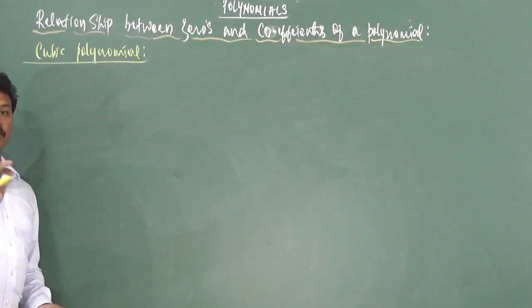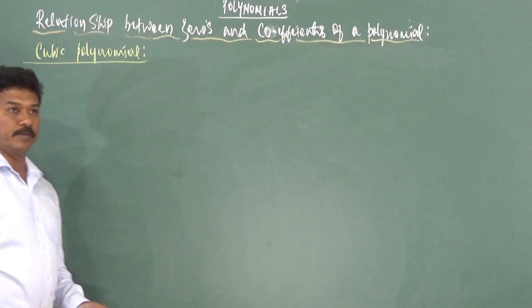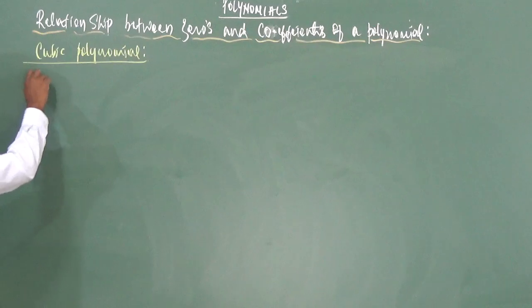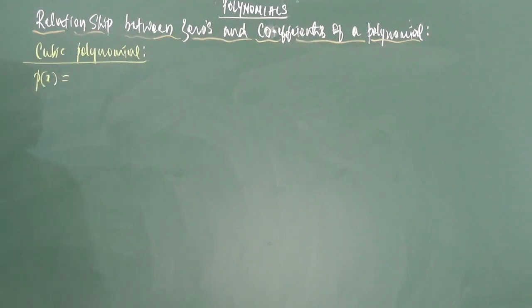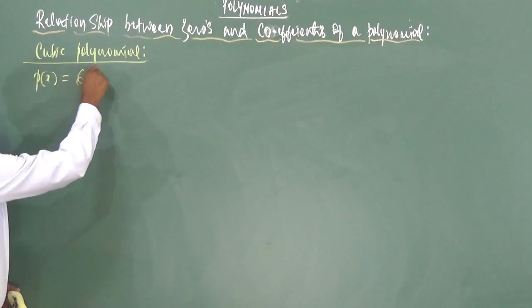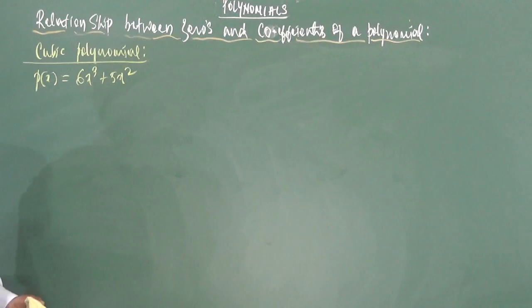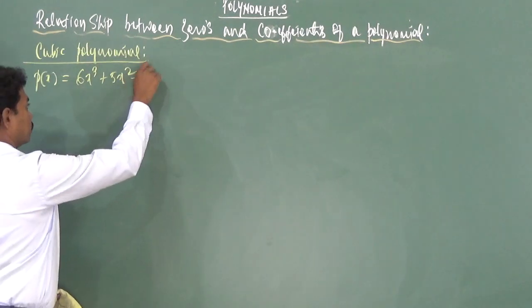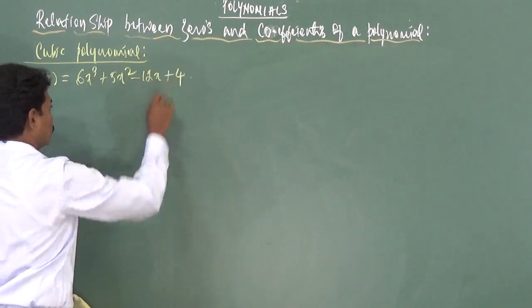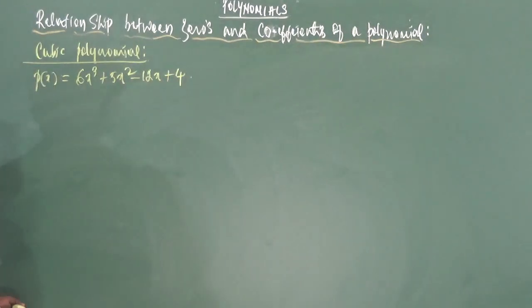So let us go with this. Now I will take an example of a cubic polynomial. So let p of x be equal to, anything you can take, 6x cubed plus 5x square, and you can take two more terms like minus 12x plus 4. Okay, it's a cubic polynomial.